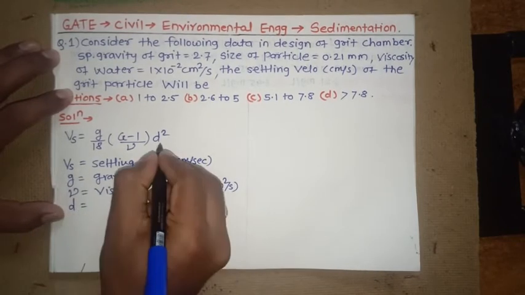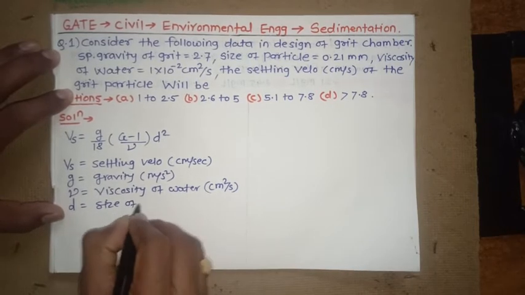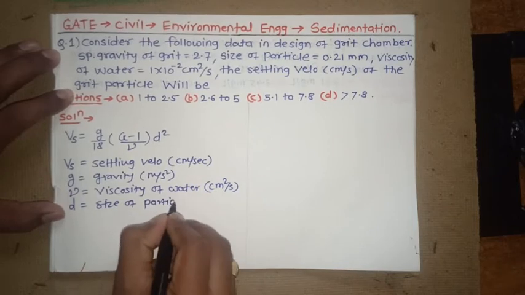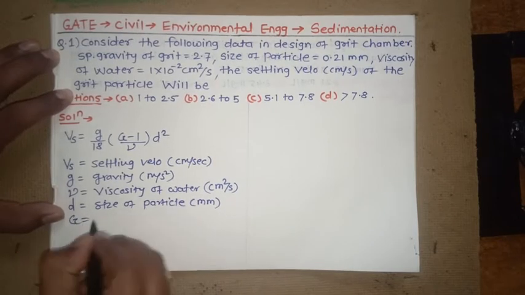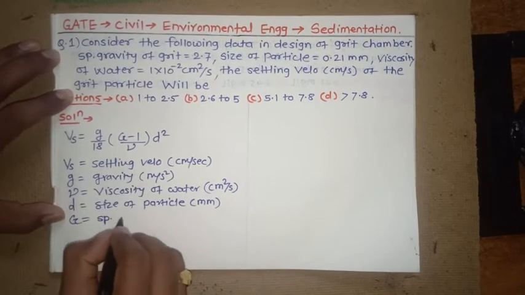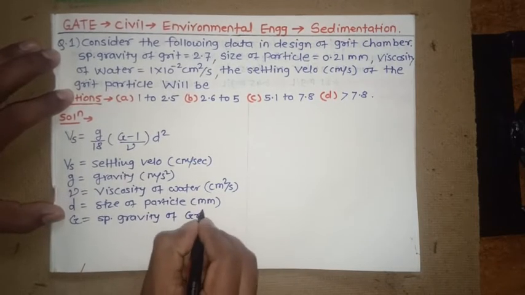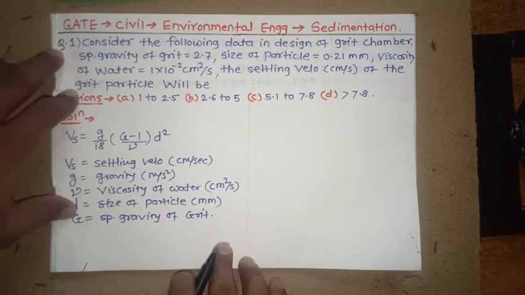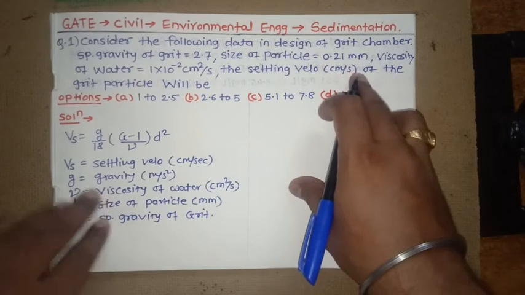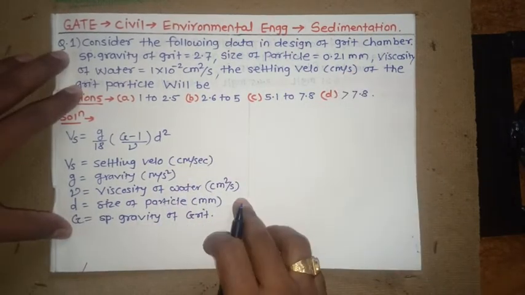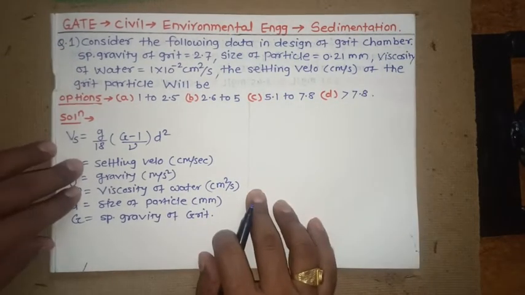Small d is the size of the particle in mm, and capital G is the specific gravity of the grit material. The answer is asked in centimeter per second, so some values are in meter or mm, so convert those into centimeter per second.